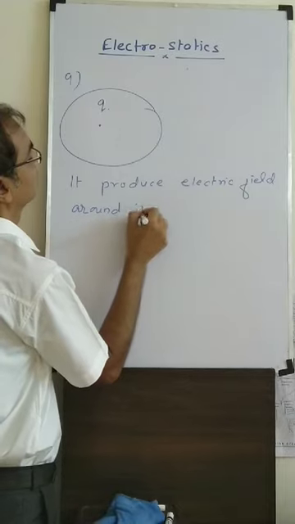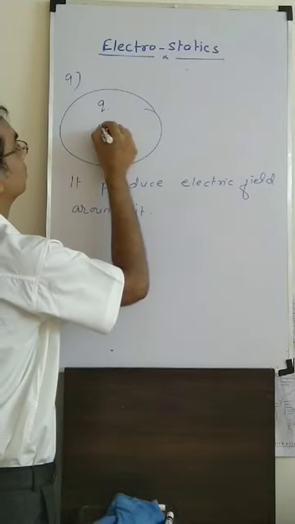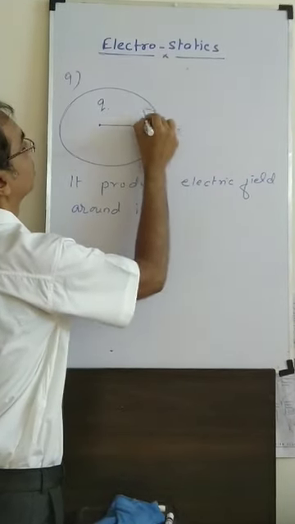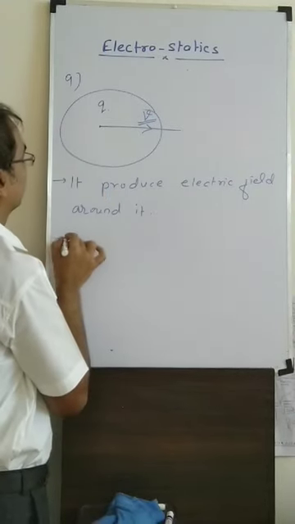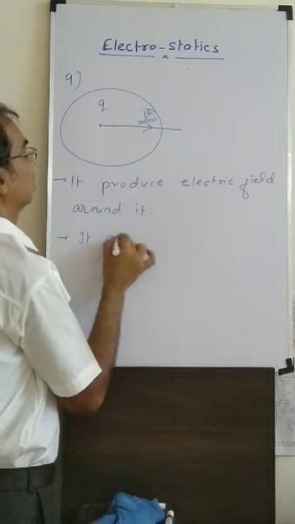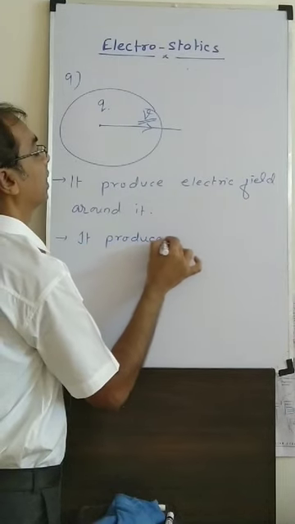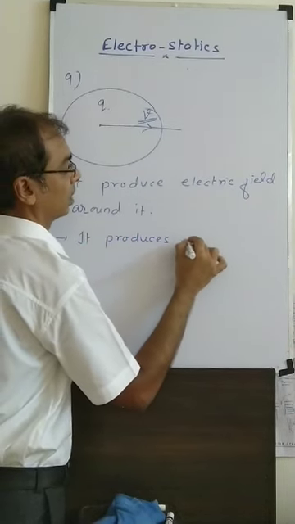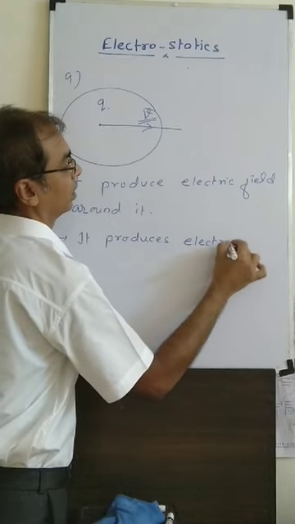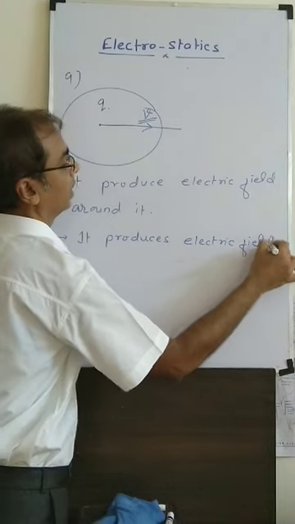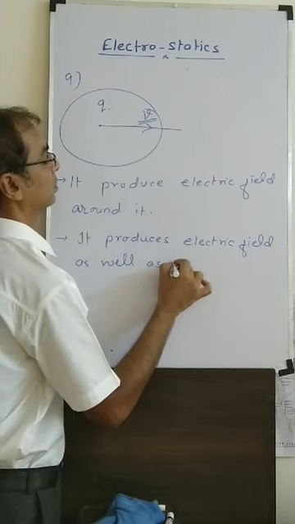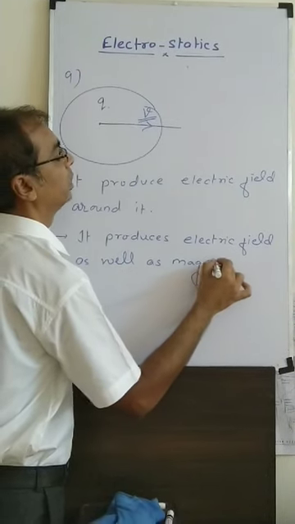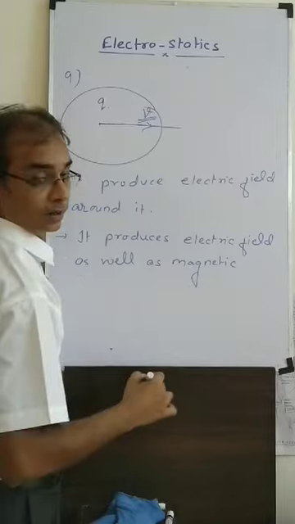But if it starts moving, let's say with a constant speed, then it produces an electric field as well as a magnetic field, because moving charge means current.